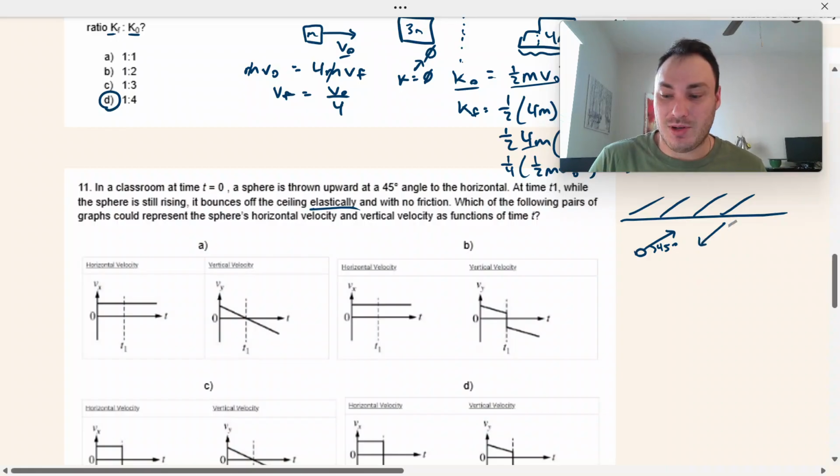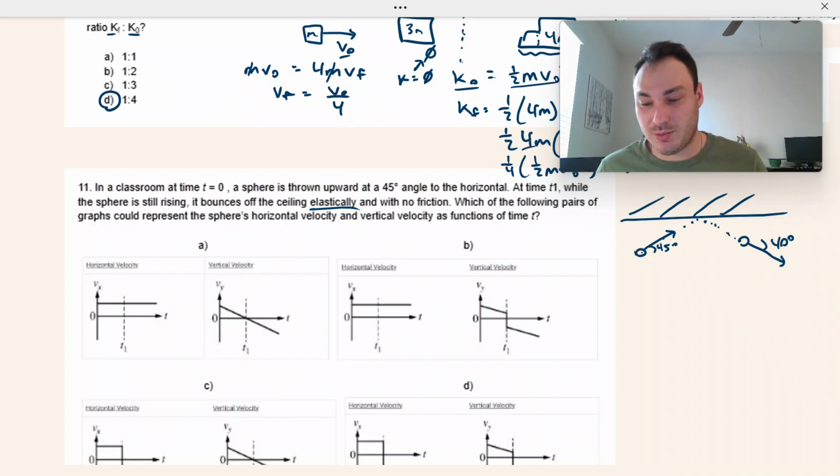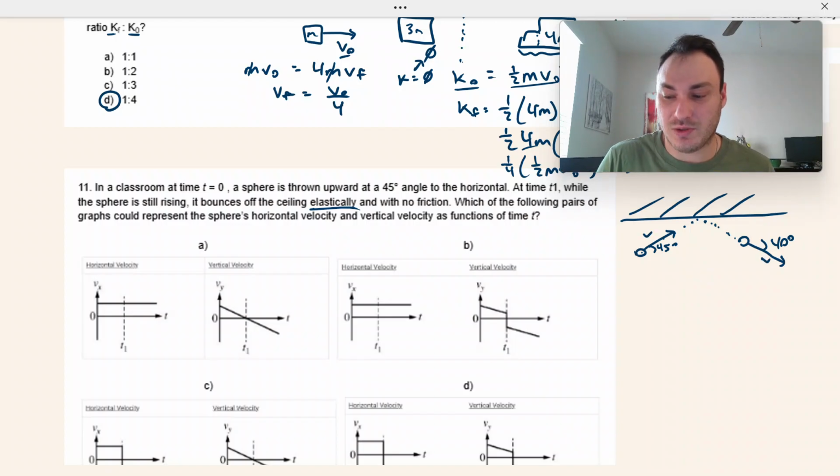Its vertical velocity is going to change, but its horizontal velocity is going to stay the same. So it's going to bounce like this, and come back this way with that same angle, but now it's moving downward with that same speed.